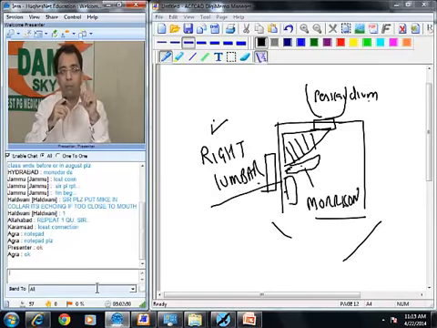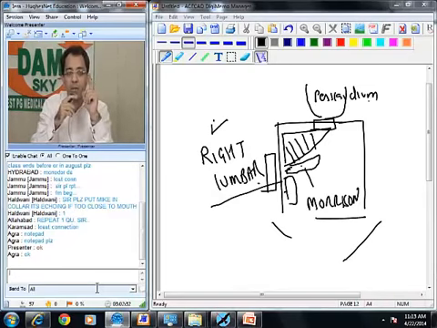Now let me repeat. FAST is focused assessment with sonography in trauma. It is the first step in blunt abdominal trauma evaluation, done by a general physician posted there, within 1 minute. The probe is first kept in the lumbar region on the right side to look for Morrison's pouch.